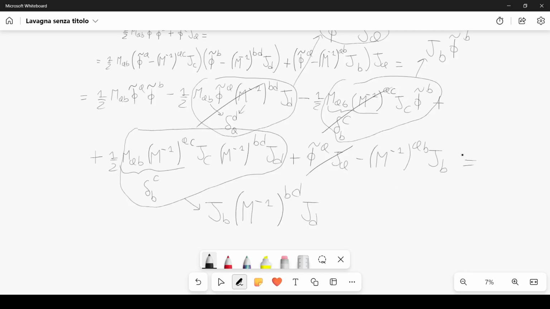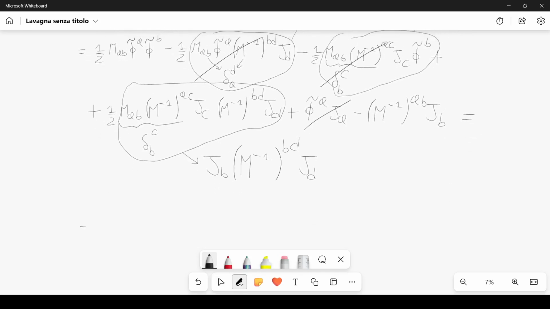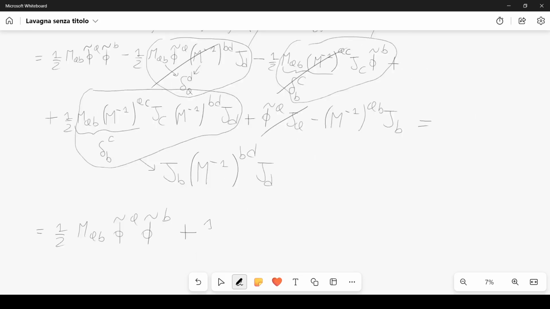So we are left with the following. We are left with 1/2 M_AB phi tilde_A phi tilde_B plus 1/2, and then here we have J_B M inverse_BD J_D.